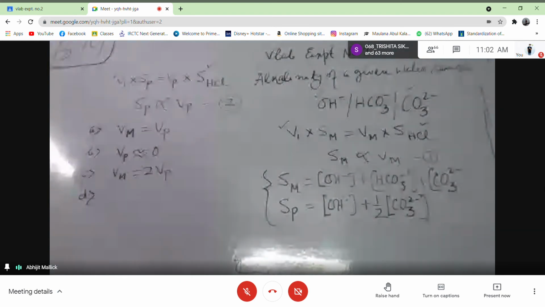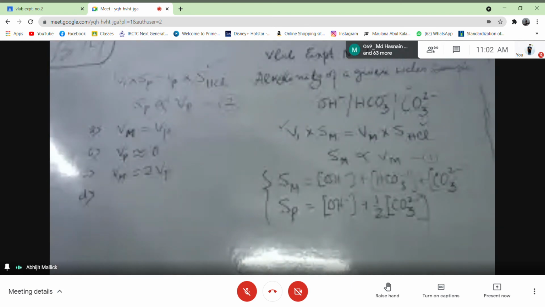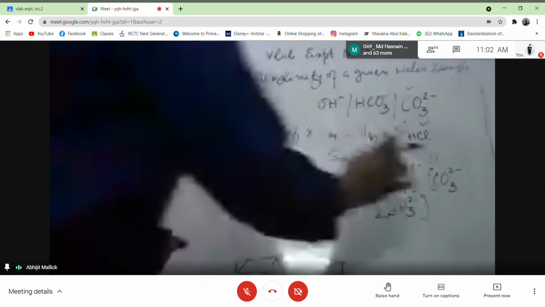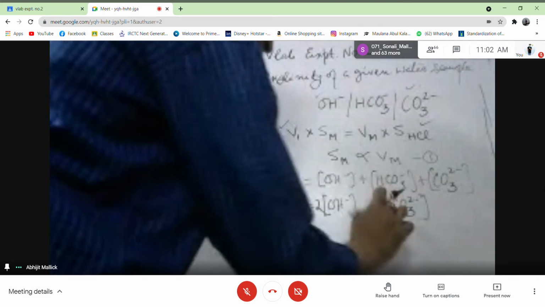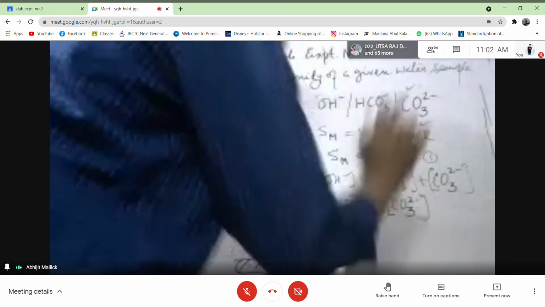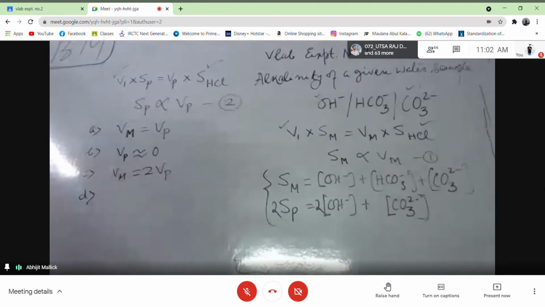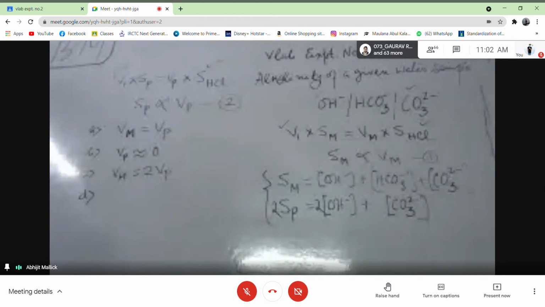If bicarbonate is 0, then we ignore this part, and multiply this with 2. Now tell me, what is the relation between SM and 2SP if bicarbonate is 0? There is no bicarbonate. What is the relation between SM and 2SP?